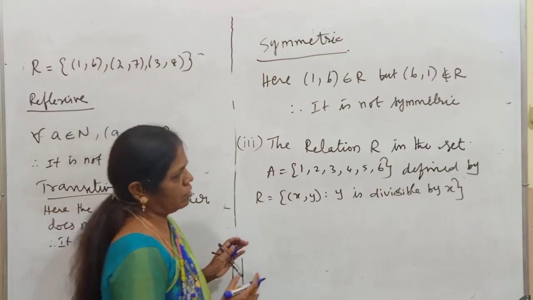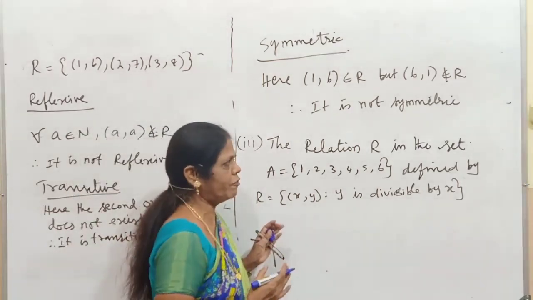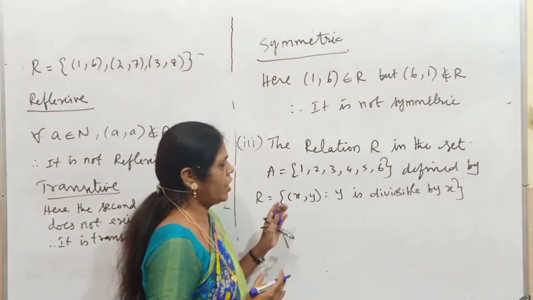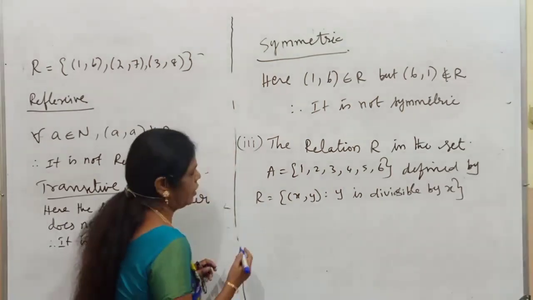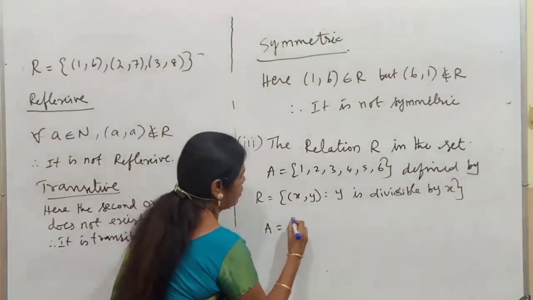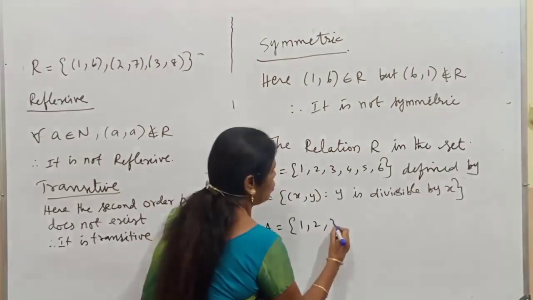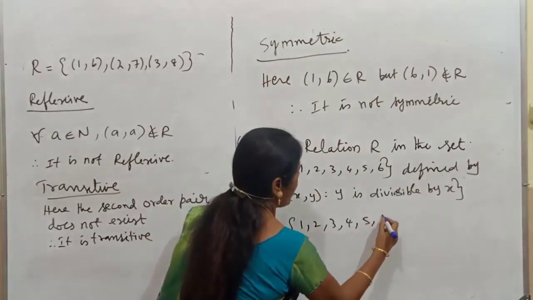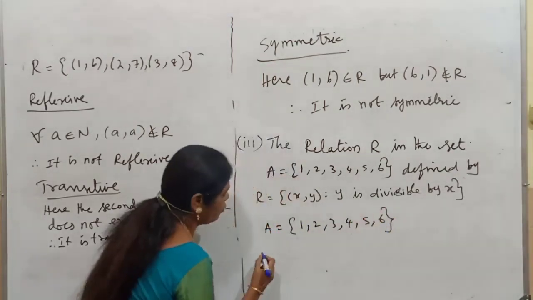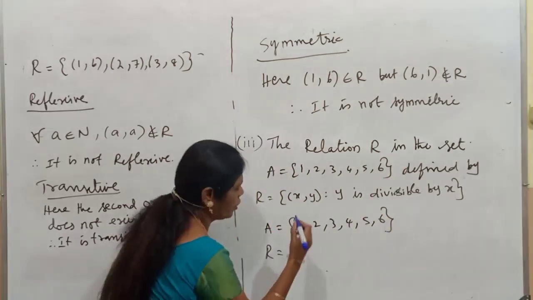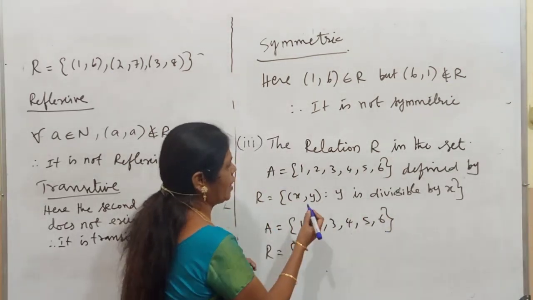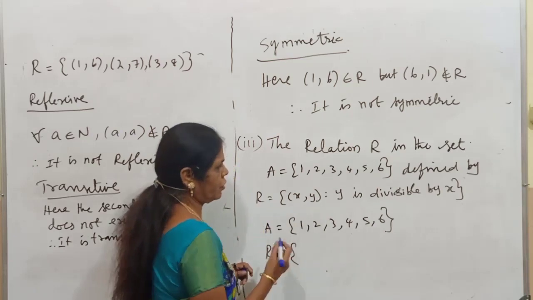First, all the children will be comfortable with the first method. Let me take the first method. You know that the set given here is 1, 2, 3, 4, 5 and 6, and the relation R is such that the second element is divisible by the first element.